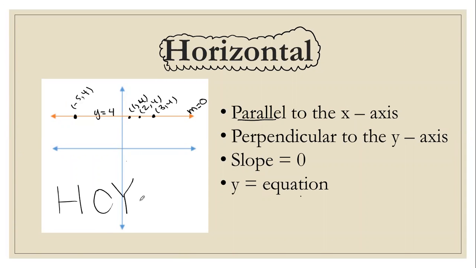I would write it really big in your notes. HOI stands for horizontal, this is a 0 slope, and this means a y equals equation. This tells us our facts about horizontal lines. HOI.